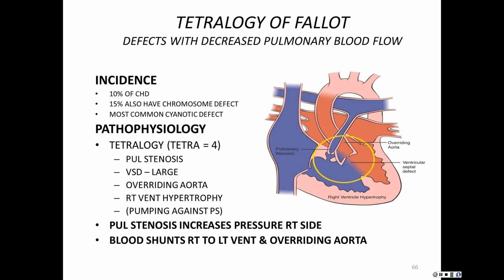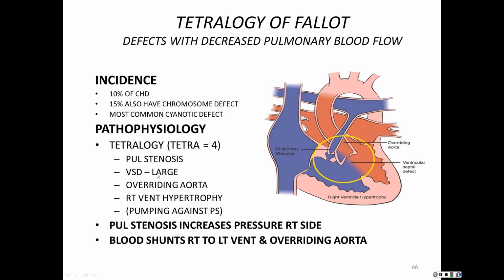So let's look a little bit at the pathophysiology. Again, as we said, tetra means four, so this child has four different congenital defects. The one that is the most problem is the pulmonary stenosis. It can be substenotic, or it can be a valvular type stenosis.